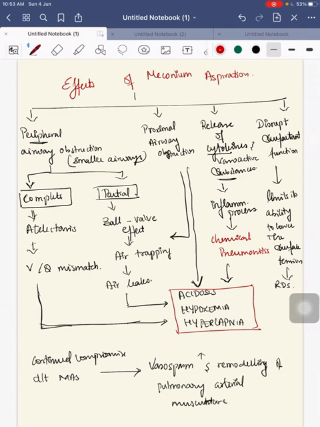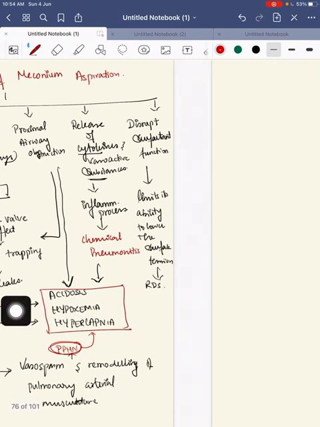Thereby it causes PPHN, that is persistent pulmonary hypertension. This causes extrapulmonary right to left shunting, which in turn can lead to acidosis, hypoxemia and hypercapnia. So these are the effects of meconium aspiration syndrome.